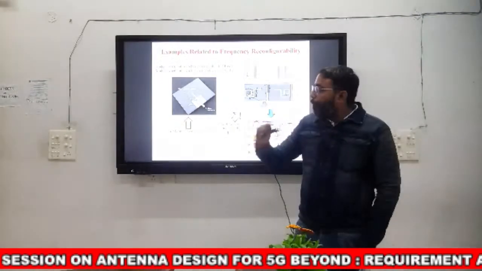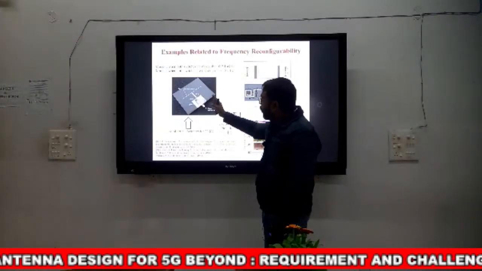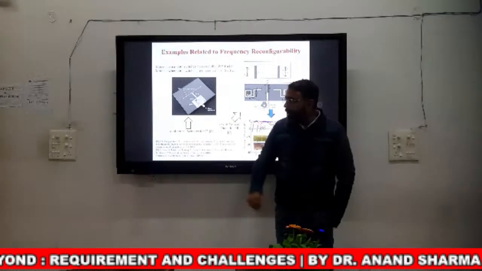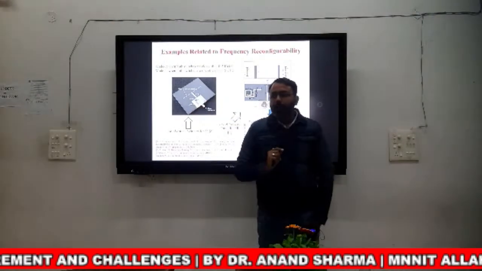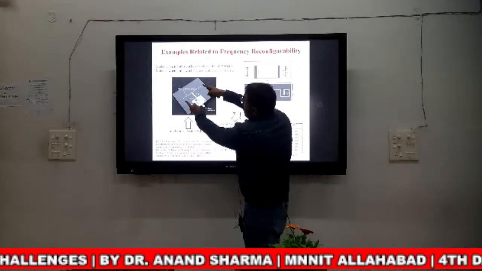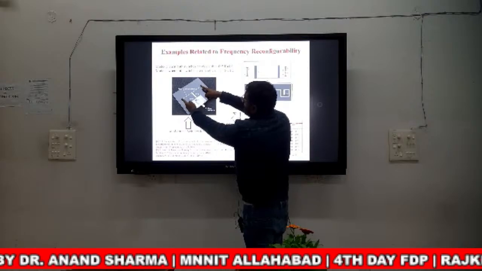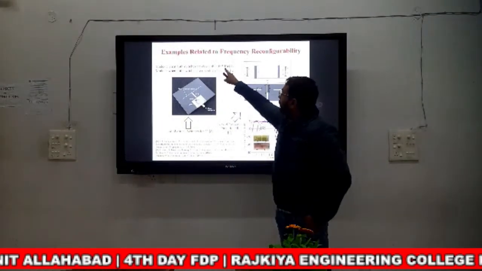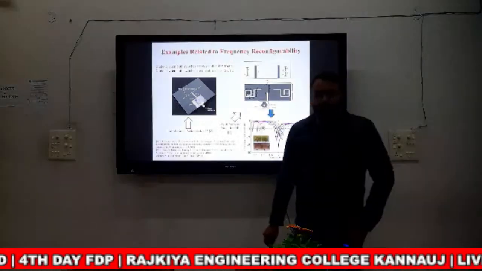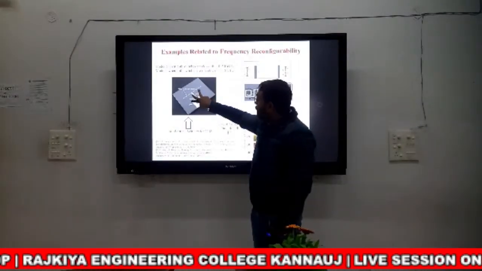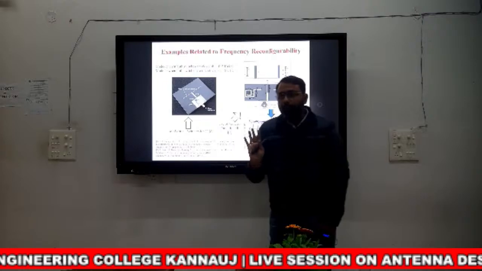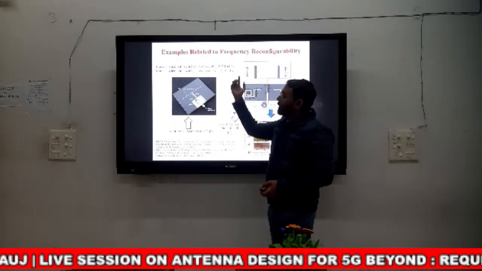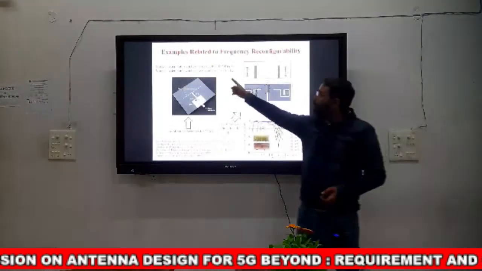When both switches are closed, the frequency is 2.16 GHz. That means both are on, and the size of the antenna is this one. With this size, it resonates at 2.16 GHz. Now when both switches are off, the antenna size becomes this one, and the frequency shifts to the higher side, that is 3.15 GHz.